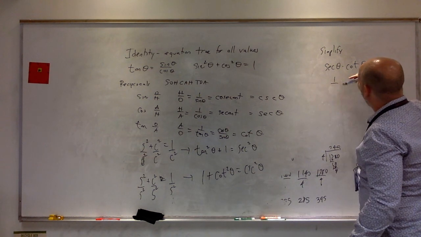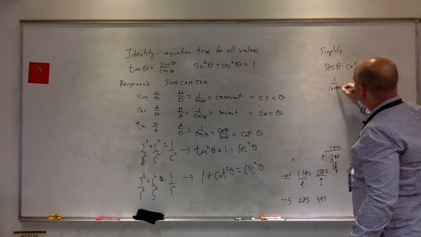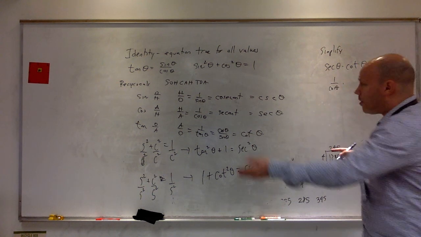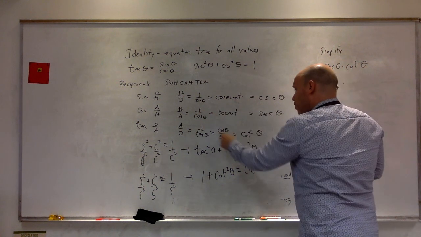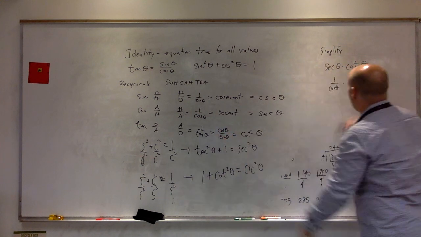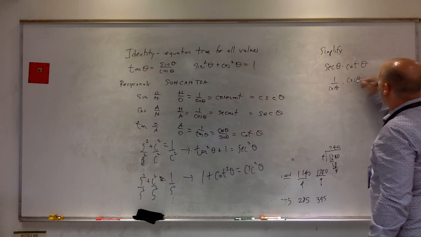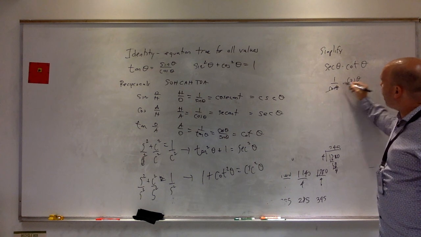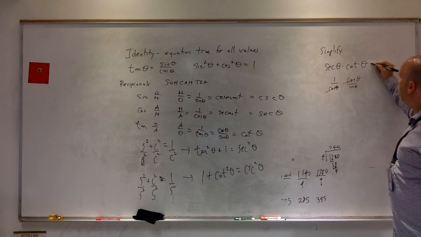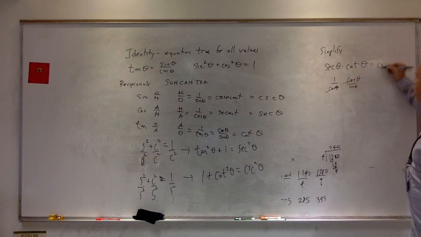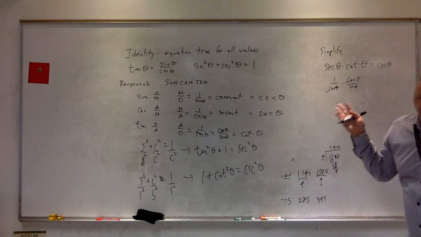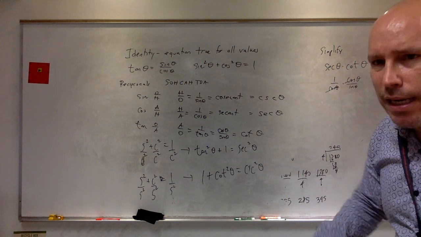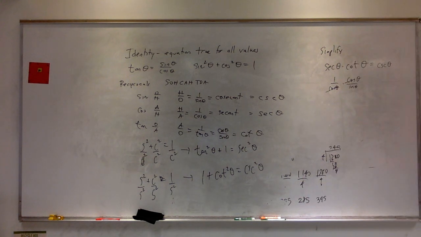I apologize, it's 1 over cosine. And I know the cotangent is cosine over sine. And you go, okay, I can cancel these out. This is 1 over sine, which equals cosecant theta. The higher level kids need it, but you can see it.